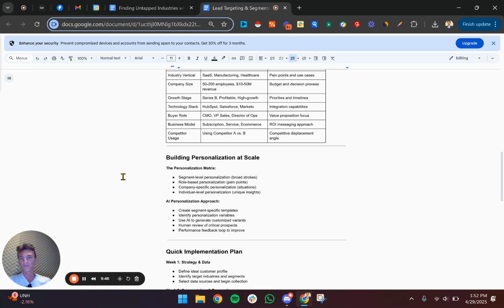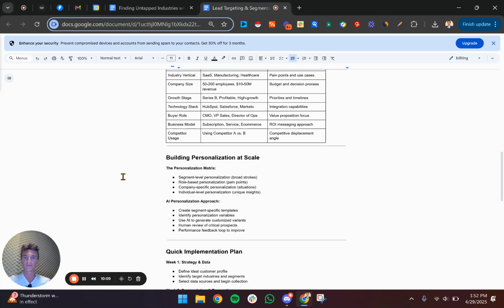So we like to do a couple different personalization matrices on a high level at our organization. Essentially, we do segment level personalization, so things like I just described there, broad strokes. Role-based personalization, so for those specific pain points, but to that person, not necessarily just the role title, right? Company-specific personalization, so situations that they might be in.